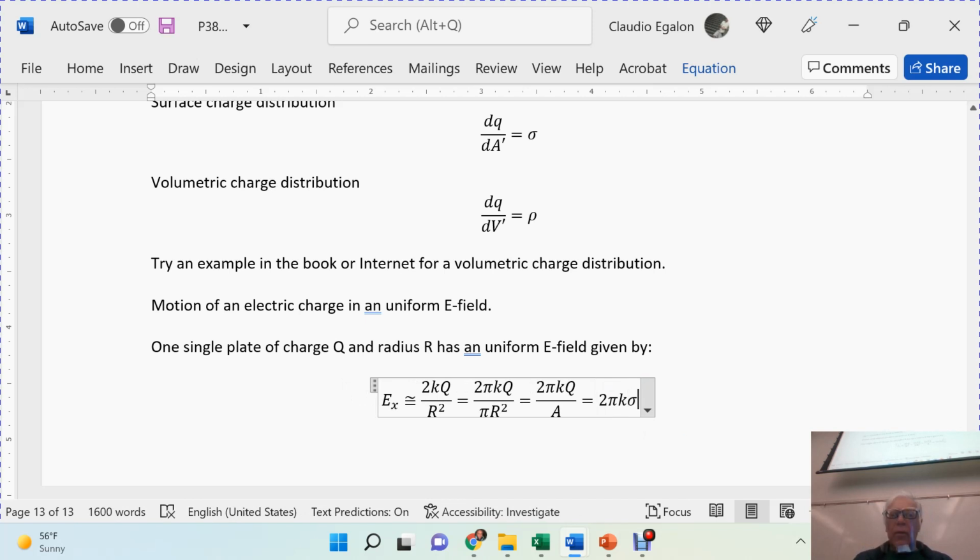And that's another format that we get for the electric field of a surface charge distribution. We can write that in a different way in terms of a constant.